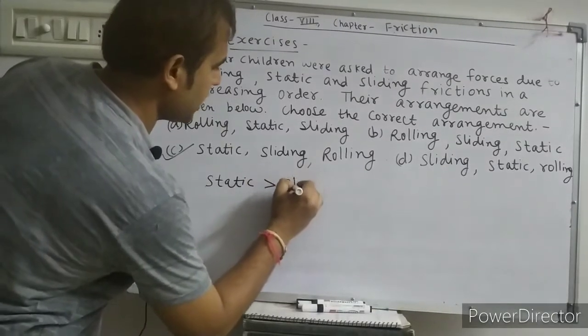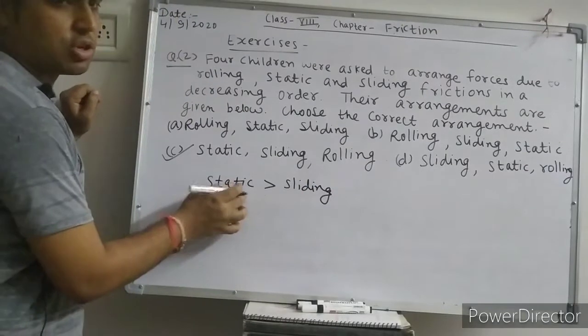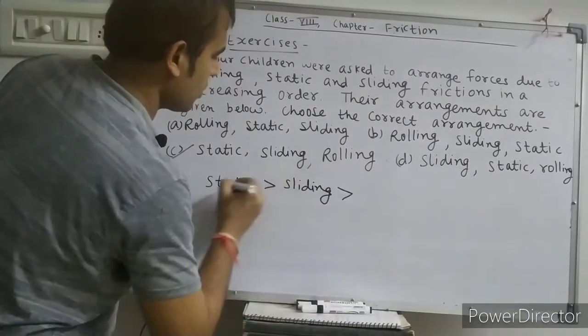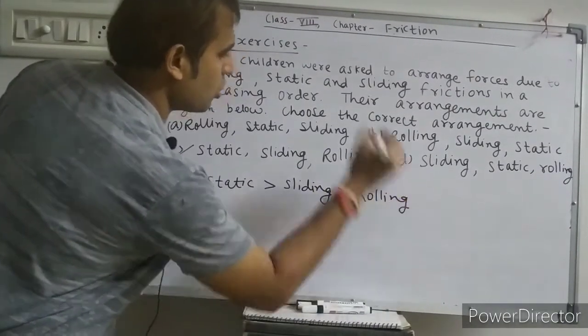Static greater than sliding, स्टैटिक के अंदर ज़्यादा फ्रिक्शन होगा स्लाइडिंग से, and sliding and static greater than rolling.